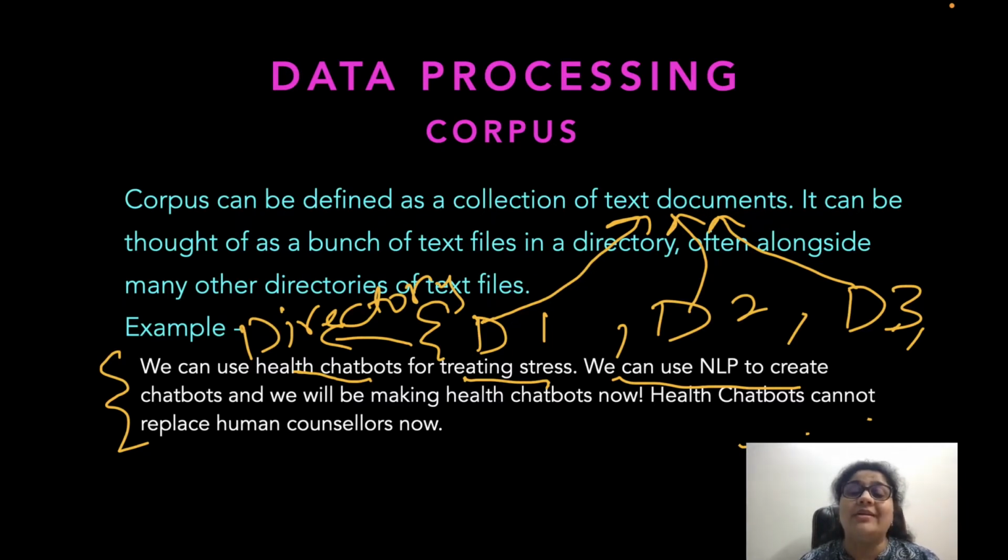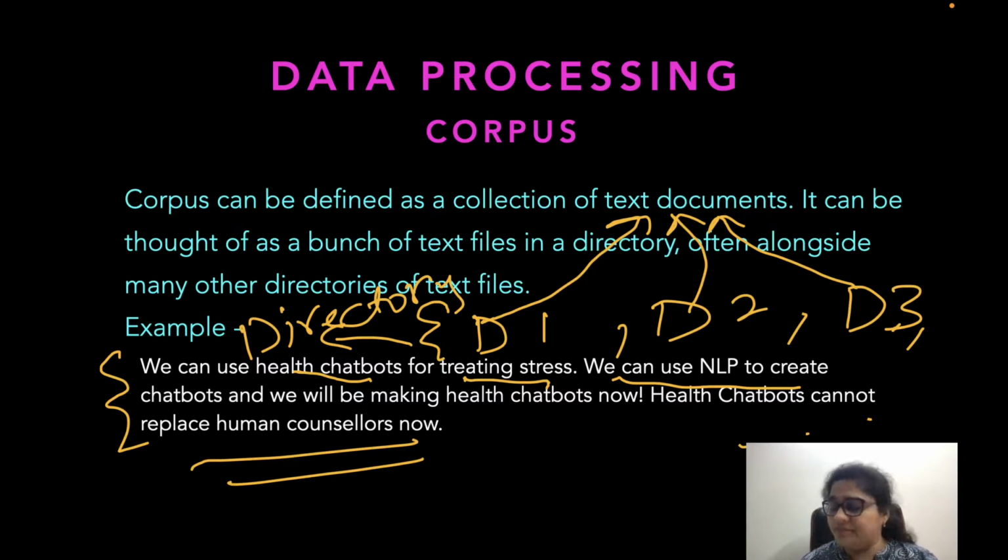That is how we train our machines to learn human languages. This is just human language, right? We all understand it. But now what we'll try to achieve is to make our machine understand this human language. So this is taken as an input for the next steps of data processing.